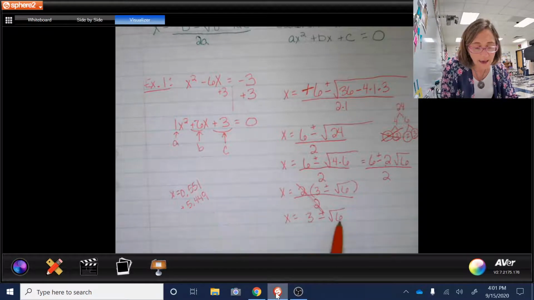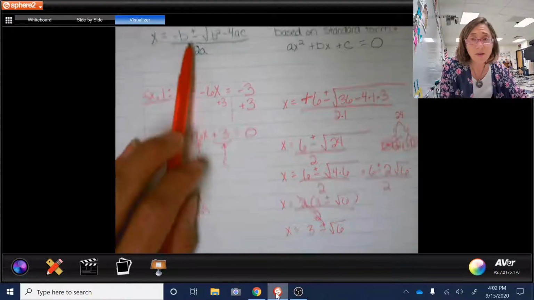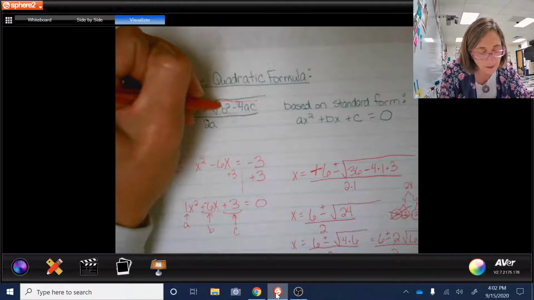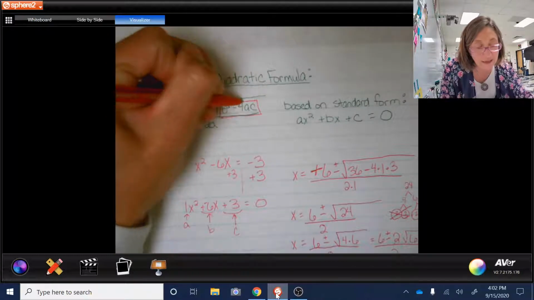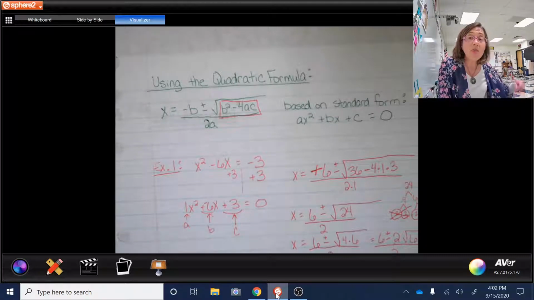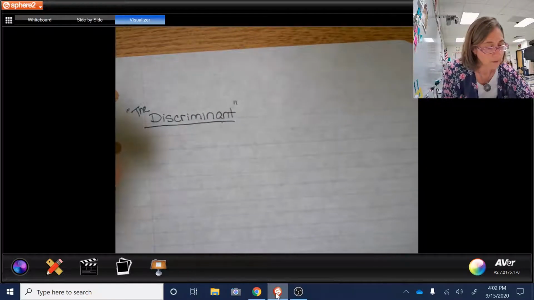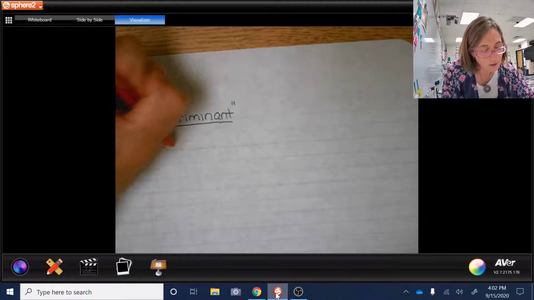So that hinges on looking at this part that is under the radical, under the square root sign. Okay, so let's look up at the quadratic formula here. You see this part here? The b squared minus 4ac, that's what's under the radical. That's what we are talking about when we talk about the discriminant.